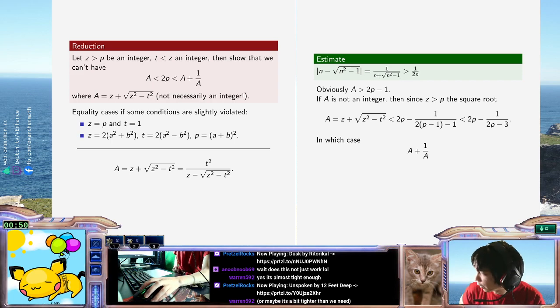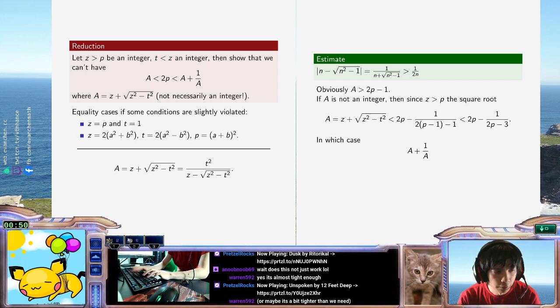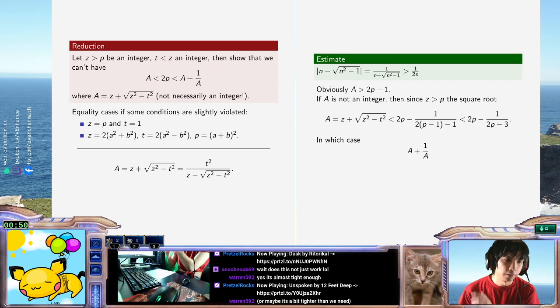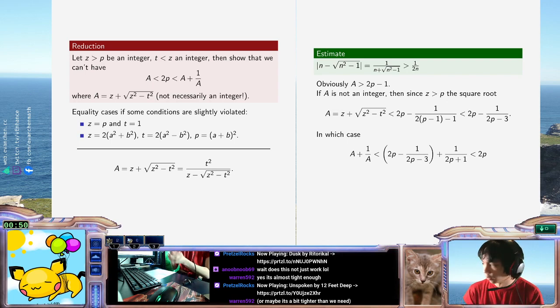I think once I fix the minus 1, I'm fine. Because a plus 1 over a is less than 2p minus 1 over 2p minus 3, plus 1 over 2p plus 1, which is definitely less than 2p. So if a is less than 2p, then a plus 1 over a will be less than 2p as well.